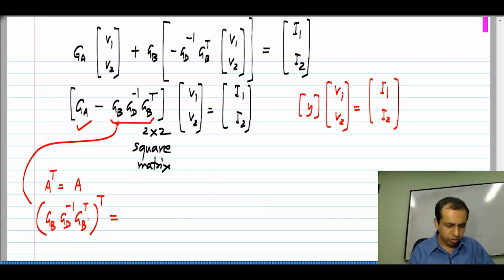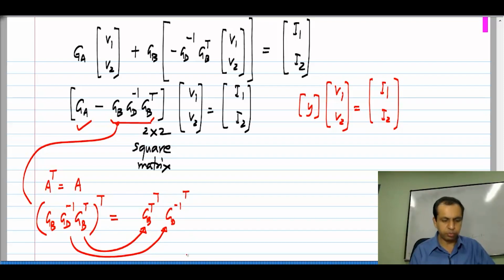So first we get the transpose of G_B transpose, next the transpose of G_D inverse, and finally G_B transpose.